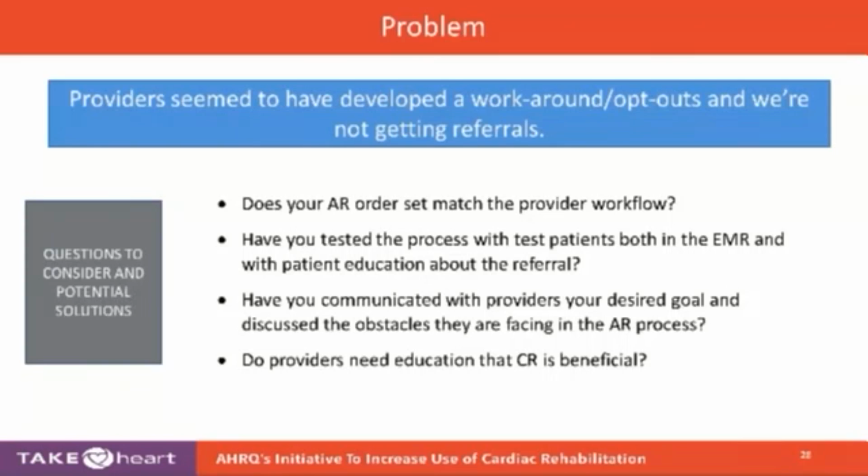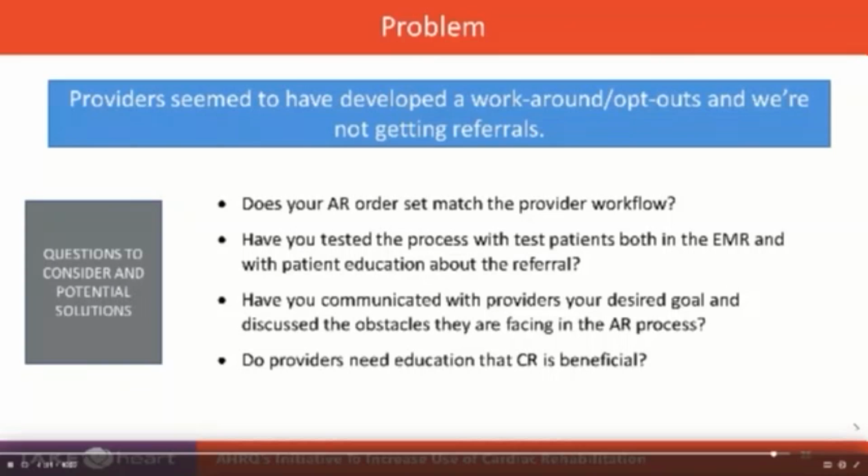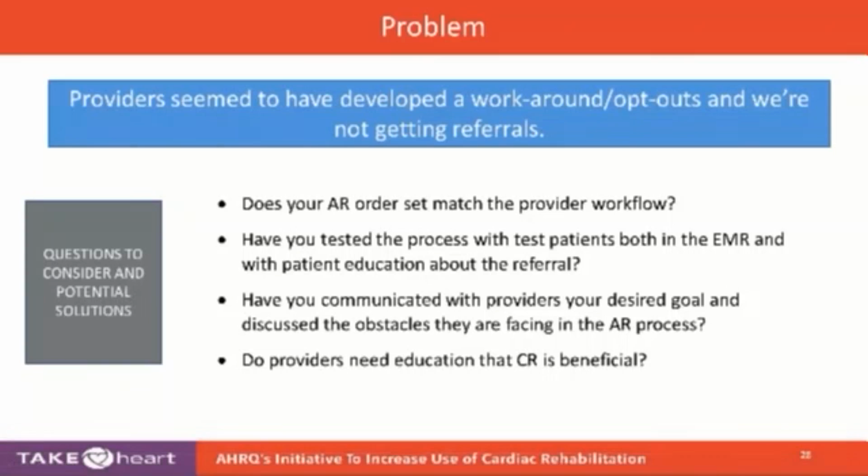Yeah, and a comment from Stacy Greenway, which has surfaced before, relates to somebody not using the order set that we have the automatic referral built into. Again, this is something where facilities differ.